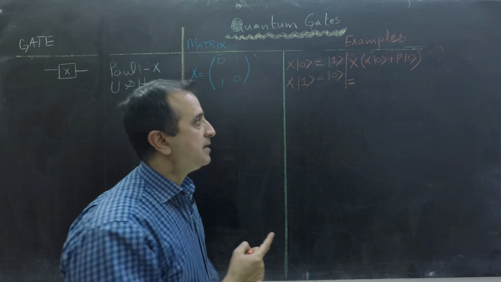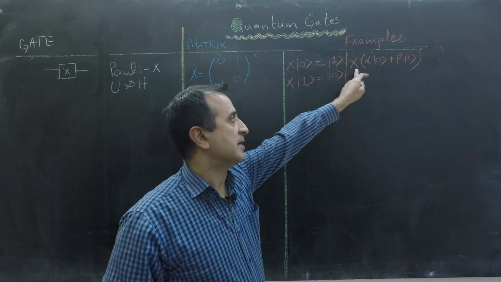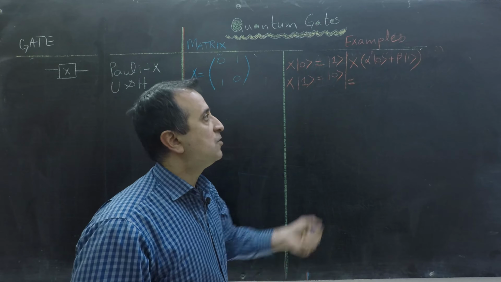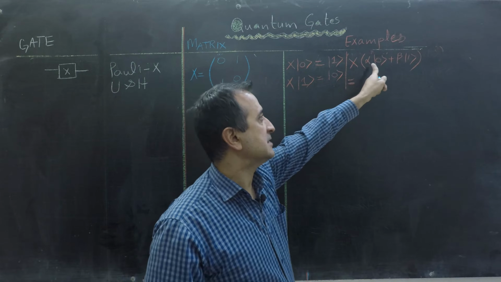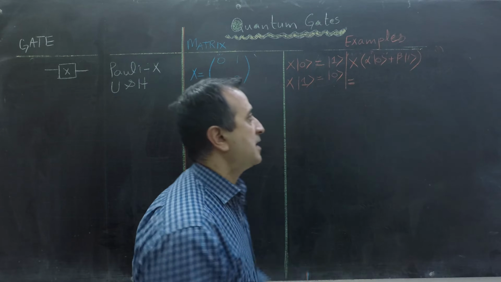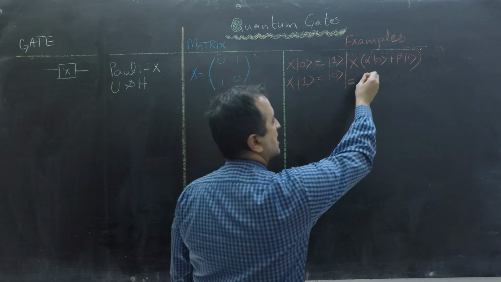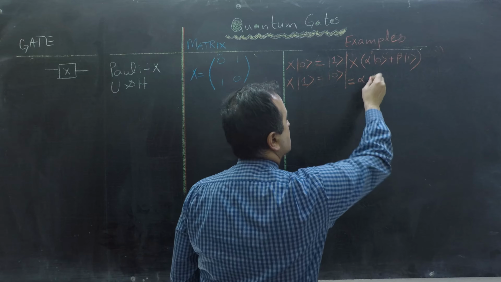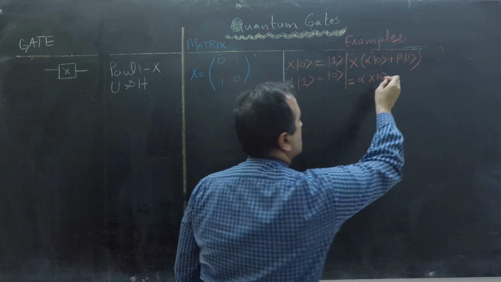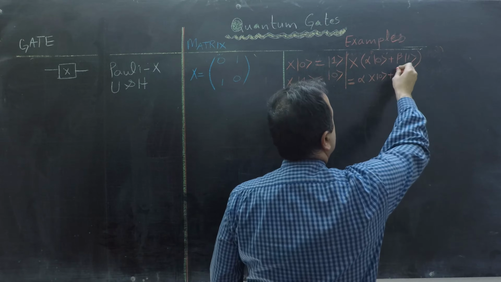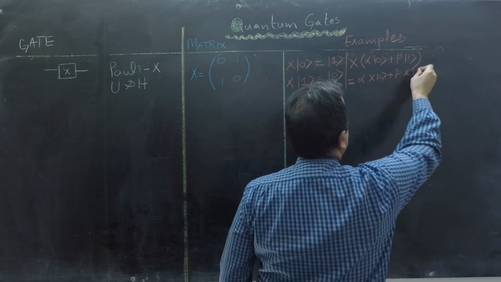Now note that all the quantum gates are linear, so we can simply take this X inside the summation and rewrite it as alpha X times ket 0 plus beta X times ket 1.